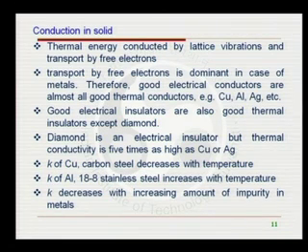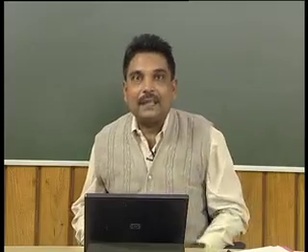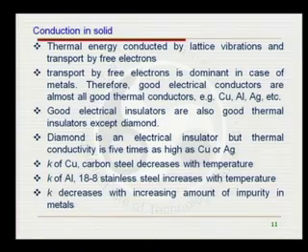Any material which is a poor electrical conductor is also supposed to be a poor thermal conductor. There is one exception, and this exception is diamond. You know that diamond is an electrical insulator, but it has very high thermal conductivity, which is 5 times as high as copper or silver.